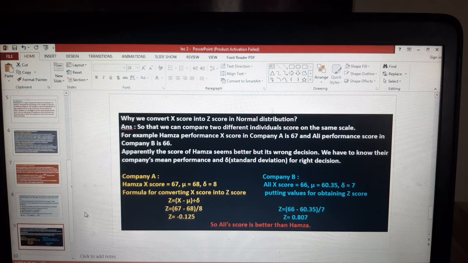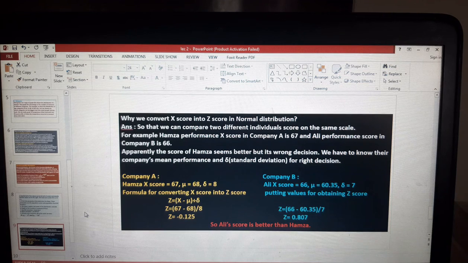Why do we convert X score into Z score in normal distribution? The answer is that we can compare two different individuals' scores on the same scale. For example, Hamza's performance X score in company A is 67 and Ali's performance score in company B is 66. Apparently, the score of Hamza seems better, but it's a wrong decision.